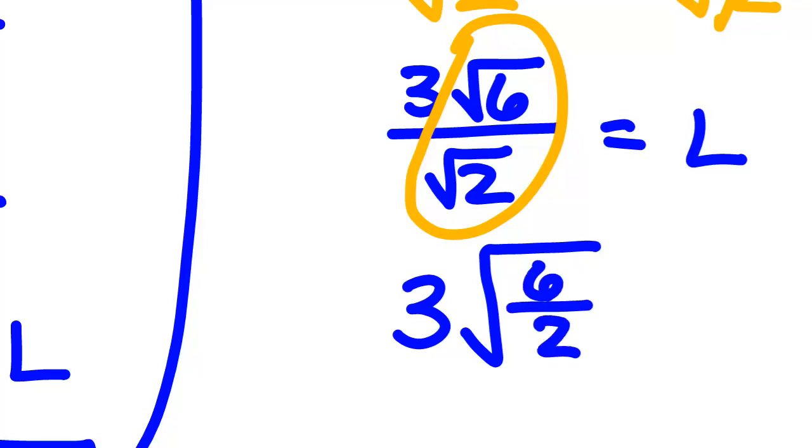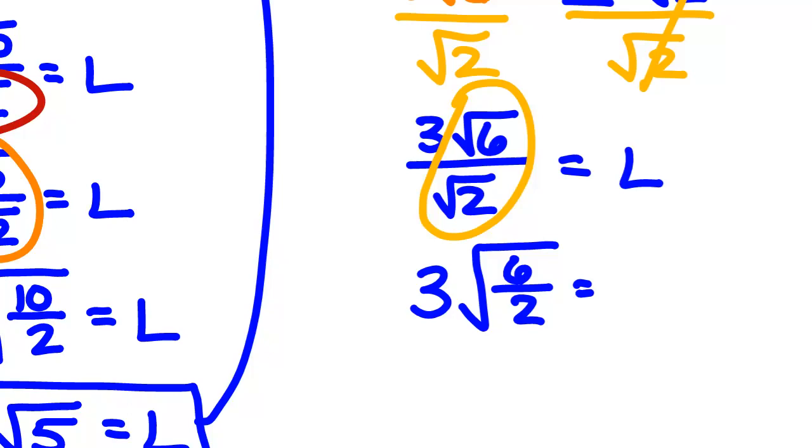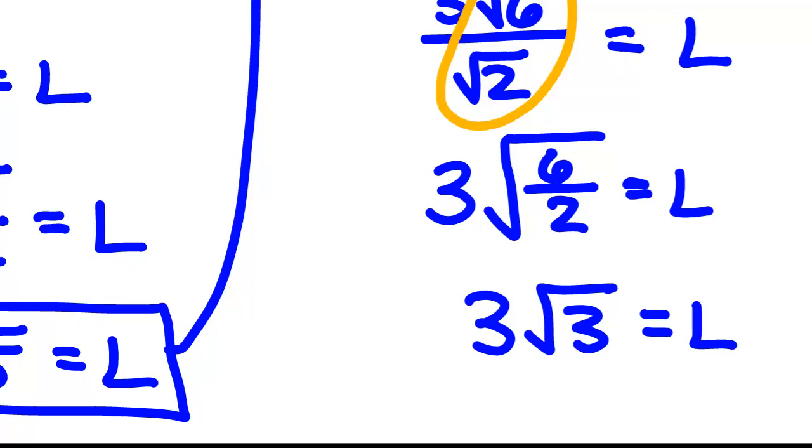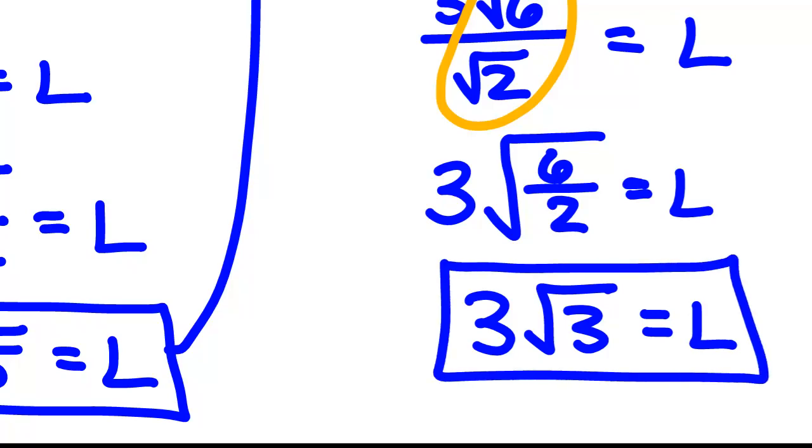So I would have 6 over 2 with the 3, the whole number, on the outside. And then I divide the 6 and the 2. What is 6 divided by 2? 3. So I end up with 3 square root of 3 for the length of my leg. For the length of both legs, actually.